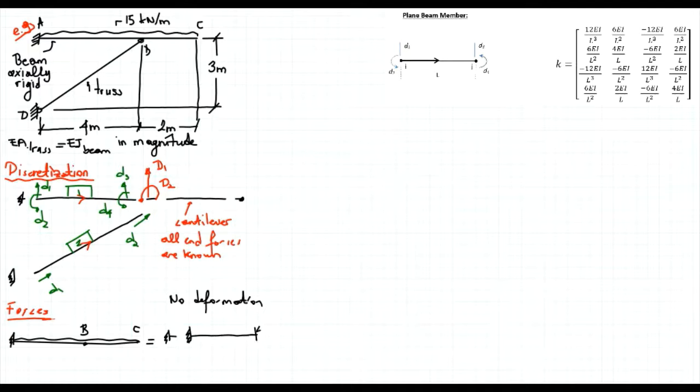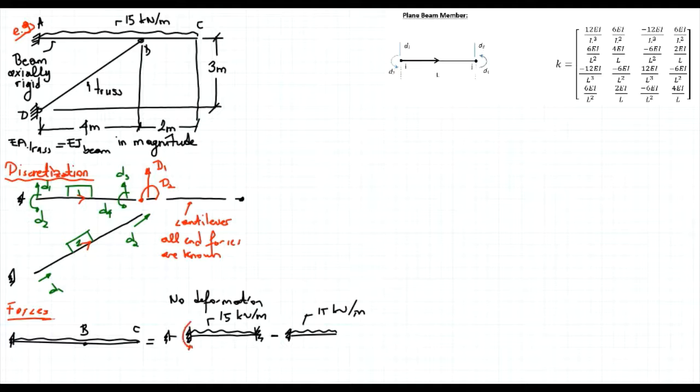Member BC, uniform distributed load. And as I said, the tip of the cantilever is free. This is 15 kilonewton meters, and likewise this is also 15 kilonewton meters. Now for this member's boundary conditions, let's calculate the fixed end moments.